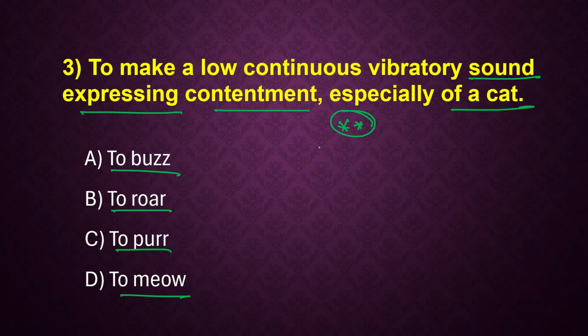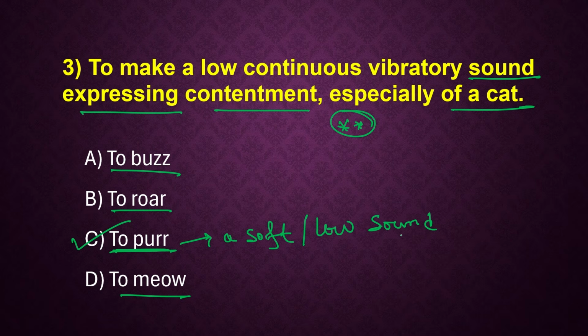The correct answer is option C, and that is to purr. Okay. So purr means to make a soft and low vibrating sound, usually produced by a cat when it feels relaxed, happy or content.